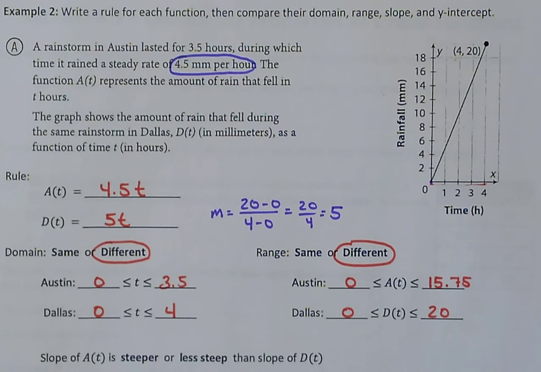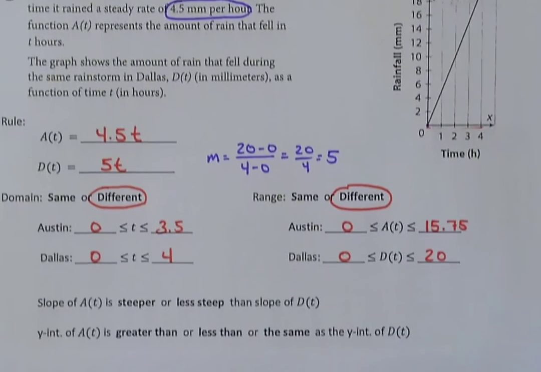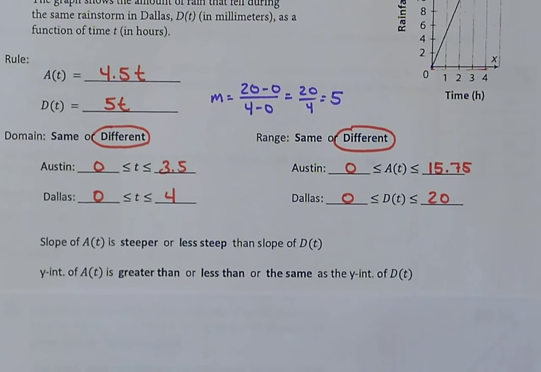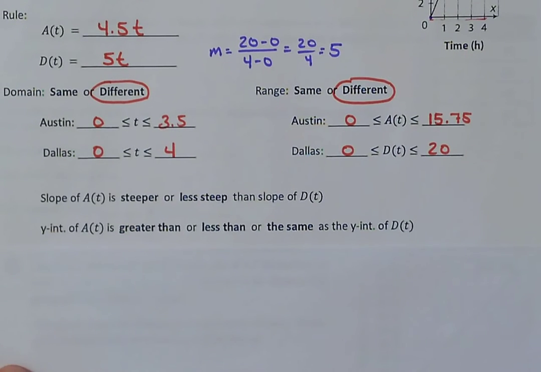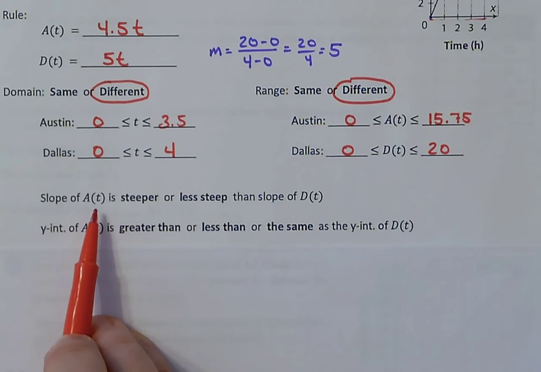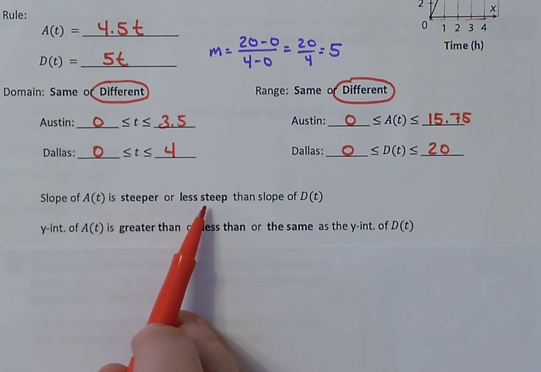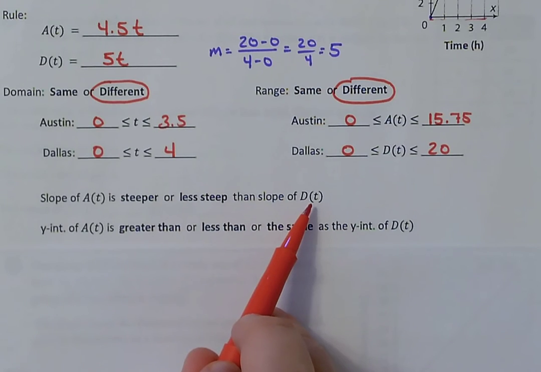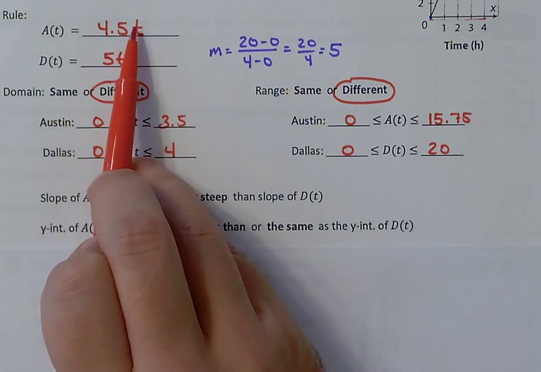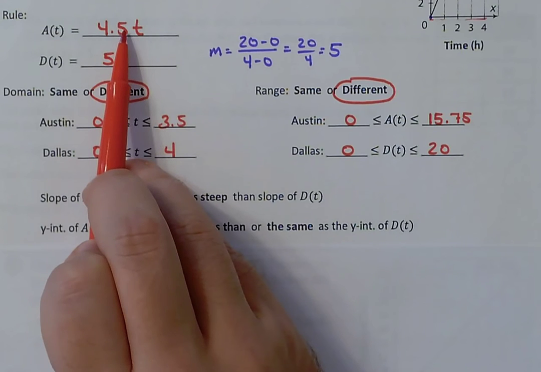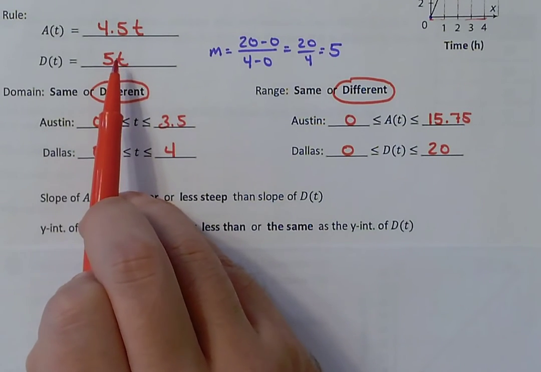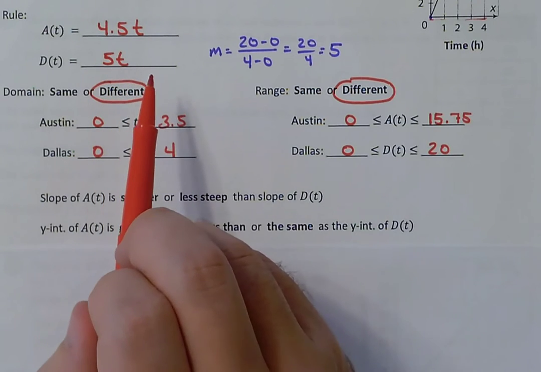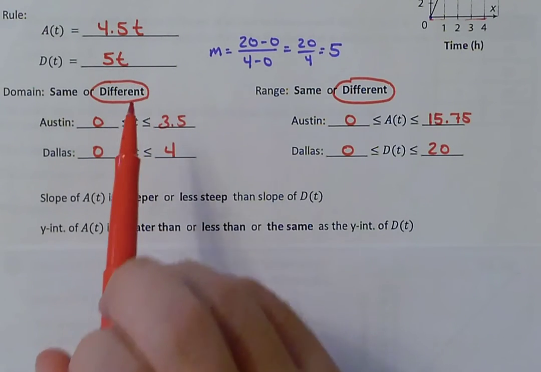Alright, now the last thing that we need to do is compare the slopes and the y-intercepts of both of these rules. So the slope of A of t, is it steeper or less steep than the slope of D of t? Between these two numbers, is 4.5 bigger or smaller than 5?